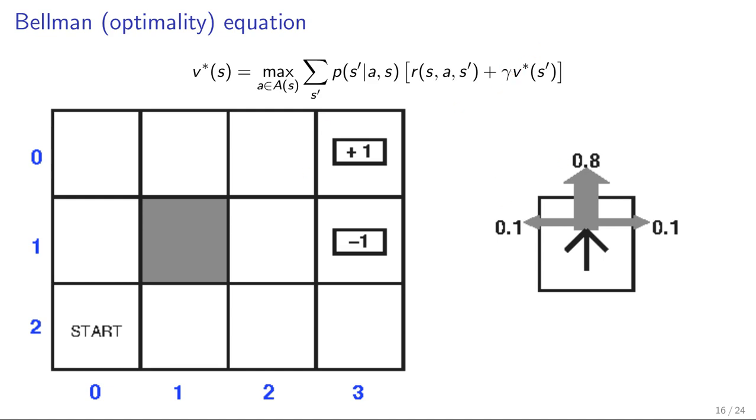So this is the difference. This gamma is also mathematically important for us to be able to use this in an infinite horizon formulation, but still having the bounded sum of future rewards.